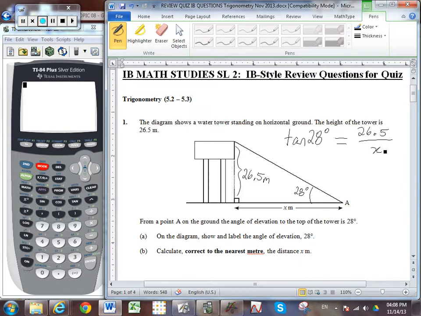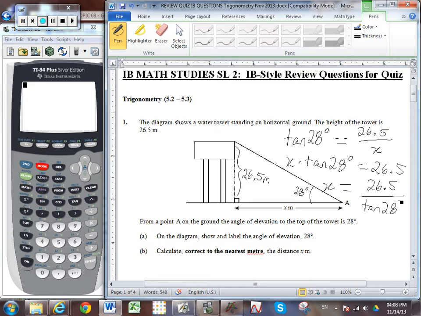Now we need to get x by itself. Maybe I can bring the x up to this side of the equation first by multiplying both sides by x. And then I can get x alone. The opposite of multiplying by tangent of 28 is to divide by tangent of 28.